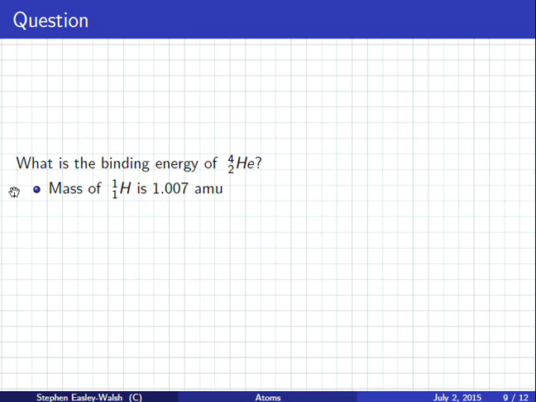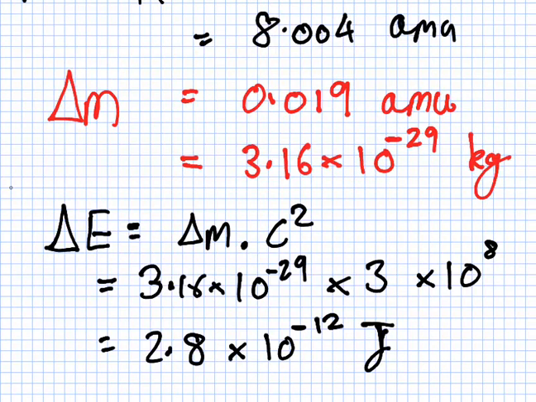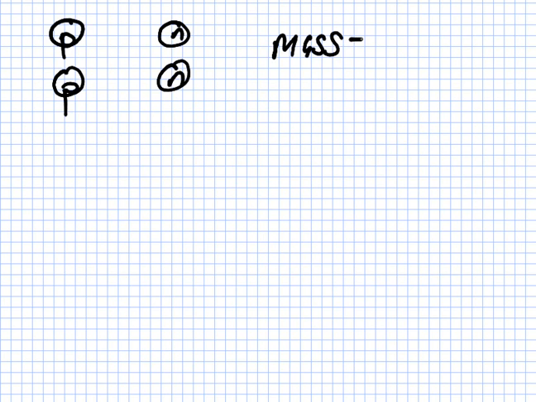Alright, so I have protons and neutrons. What's the mass here? I think I actually worked it out in my paragraph. 3182 AMU.